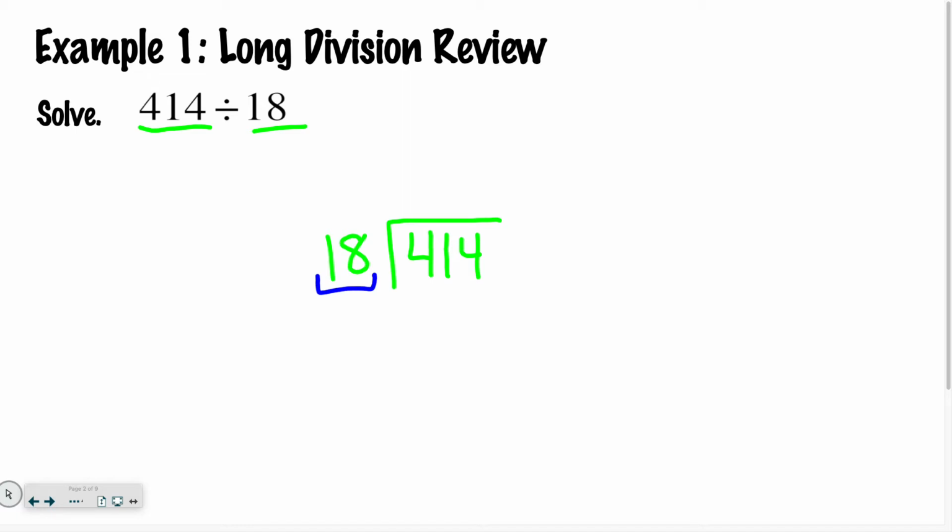So I'm going to just put a 0 there. And I'm going to move on and say, does 18 go into 41? 18 times 1 is 18, so that could go into 41. 18 times 2 is 36, so that could go into 41. 18 times 3 is 54, so now I've hit a number that's bigger than the number inside, so I can't do 18 times 3.